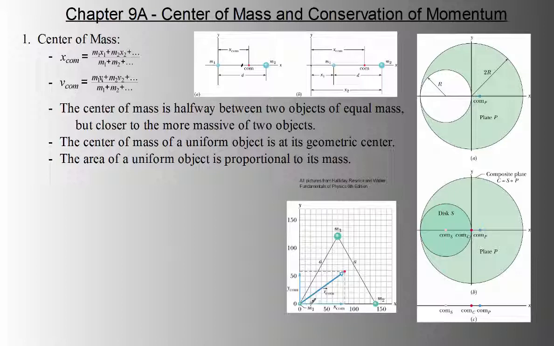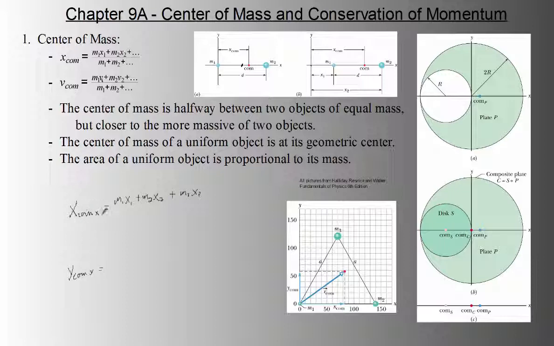So what you do is use the same equation, but then you would go like x_com in the x direction equals m1 x1 plus m2 x2 plus m3 x3, and then you have y_com in the y direction.